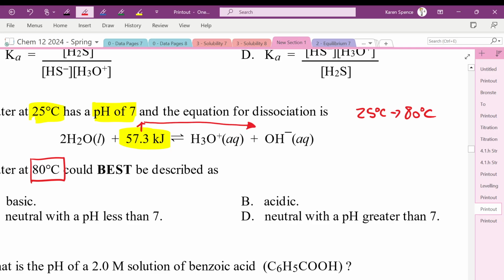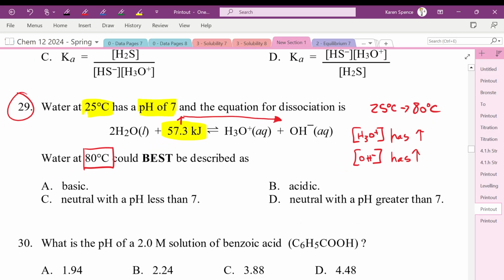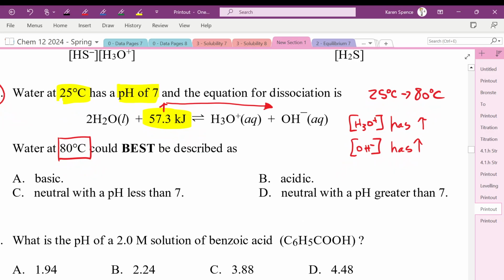Okay. So what has happened to the concentration of H3O plus? It has increased. And what has happened to the concentration of OH minus? It has increased. So what can you say about the H3O plus and the OH minus relative to each other? They are the same. So the H3O plus is the same as the OH minus.